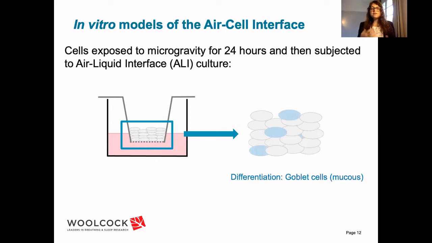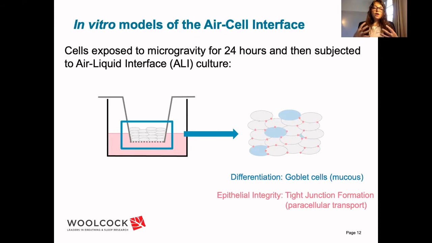So we want to see the differentiation of cells to the mucus-producing cells, sorry. But more importantly, we want to see tight junction formation. So we want to see that we have an epithelial layer that is full of tight junctions to allow that structural support that we spoke about earlier to give structural support to that cell layer in the apical chamber.